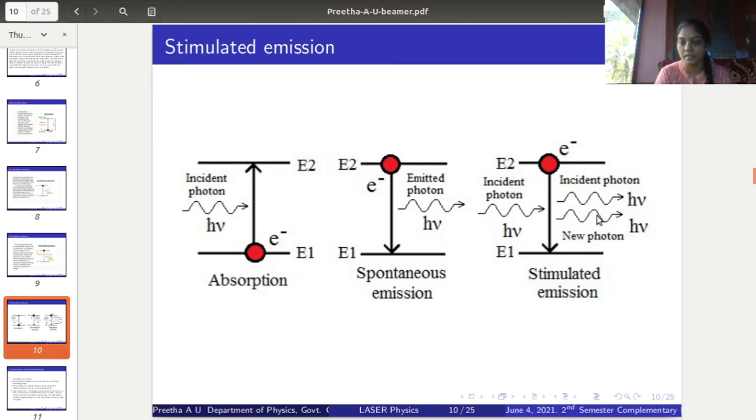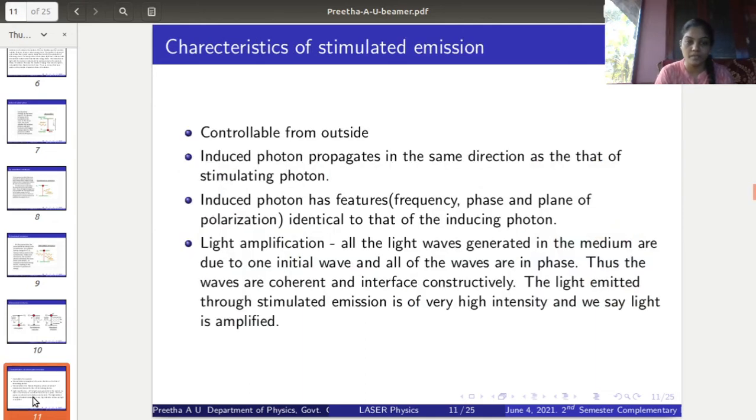This intensity will be increased, or the waves get amplified, when they interfere constructively. So we will get an amplified light in the output. So stimulated emission causes a very high intensity light wave which is amplified.